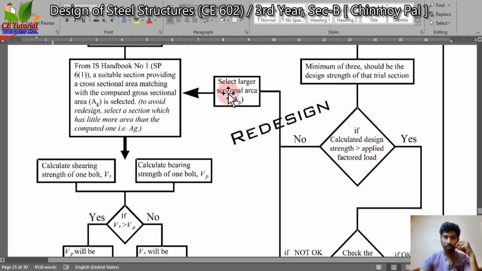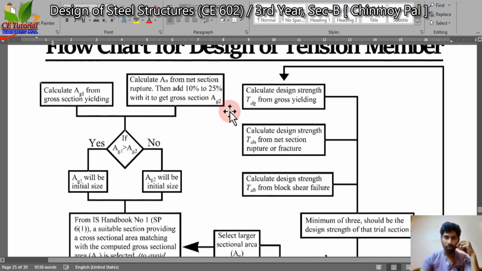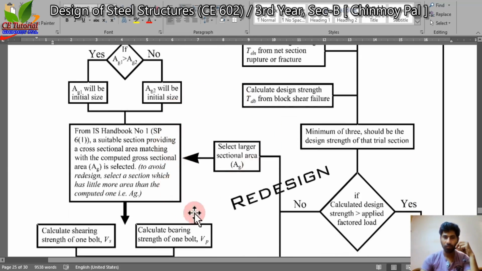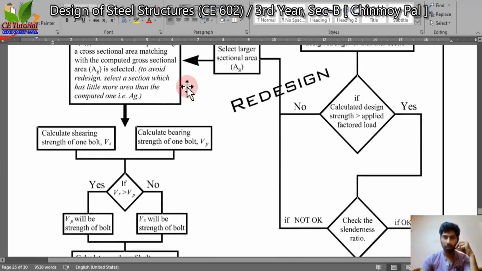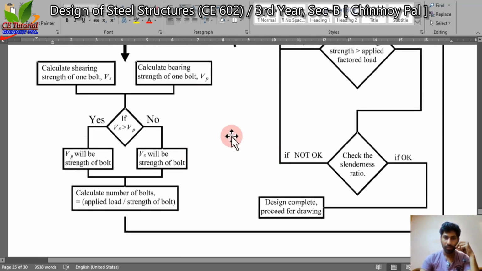That means you have to choose another cross-sectional area which is greater than the previous one. So this is the fundamental procedure. You can follow this procedure, and obviously when the shape of the cross-section changes, then some modification of this chart is also required. So this is a basic or fundamental method that you can follow.